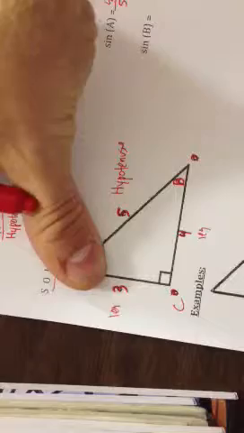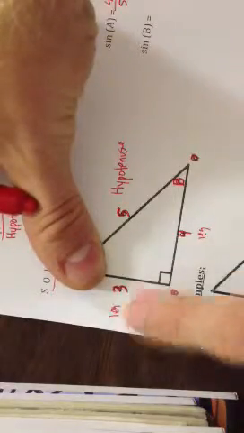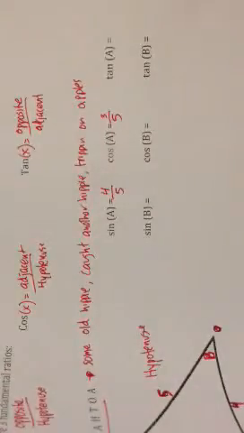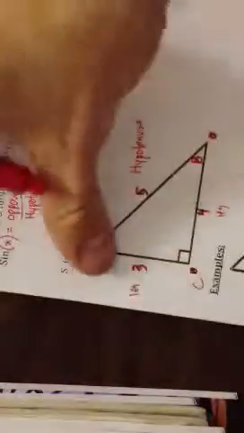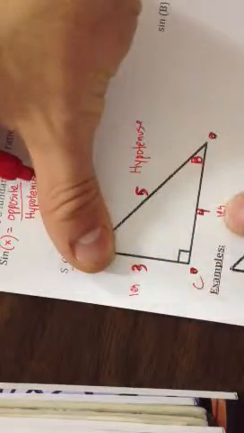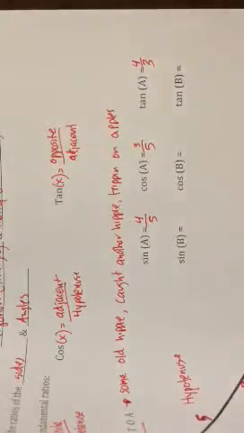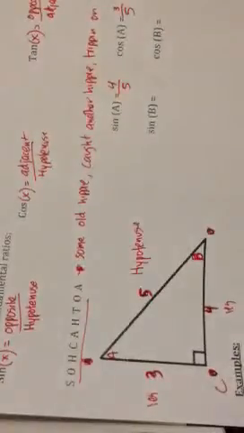The cosine of A is the adjacent one, the next to one, which is 3. 3/5. So we got 4/5, 3/5, and then tan, the third one being opposite, which is 4, over adjacent, which is 3. So it's the ratio of all the different sides.